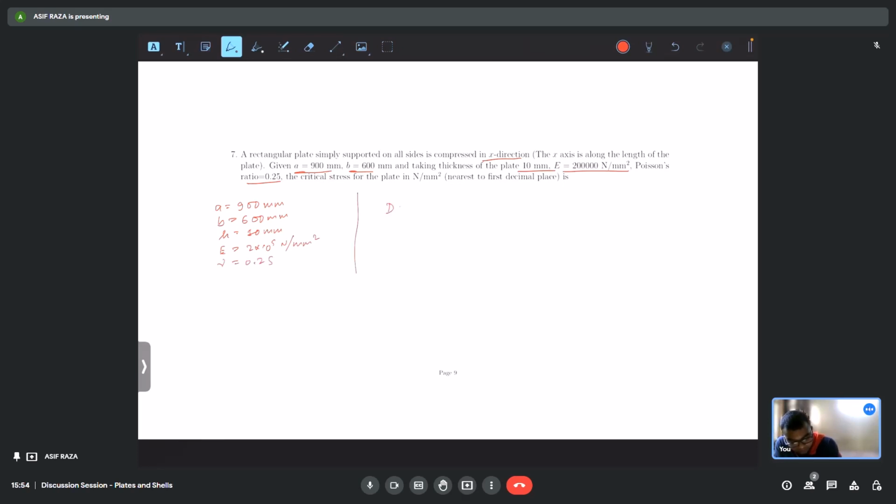With this we get the flexural stiffness of the plate as D = E t³ / (12(1 − ν²)) = 2 × 10⁵ × 10³ / (12 × (1 − 0.25²)). So this would be equal to 2 × 10⁸ divided by 12 times (1 − 0.0625), so this is equal to 1.78 × 10⁷ Newton mm.